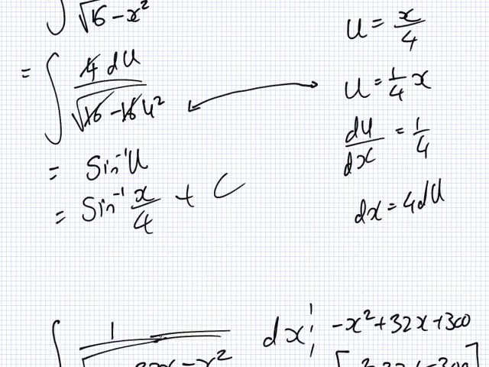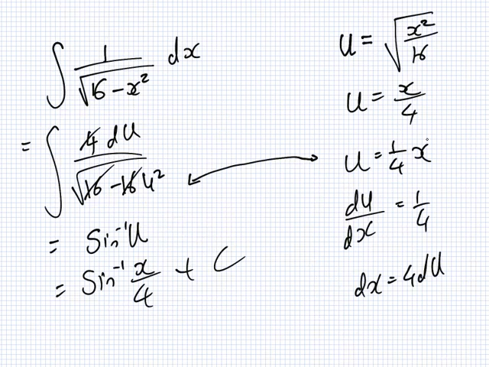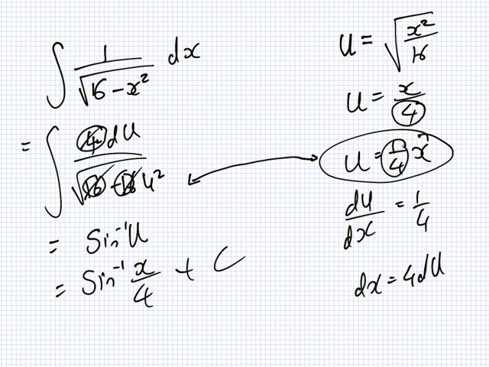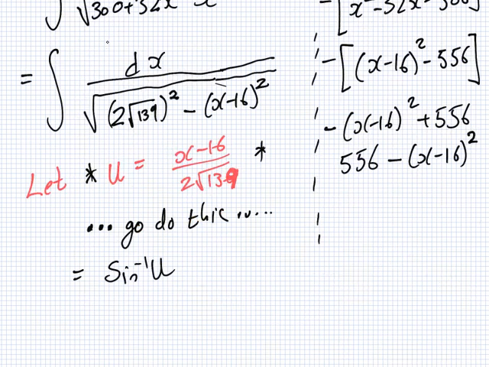Like if you look at the last one, the whole point of using this was to make these the same, and they will cancel with this on the top, because the reason this was here, it came from here. And the reason the 16s are here, it came from here as well. There wasn't a 4 to begin with.